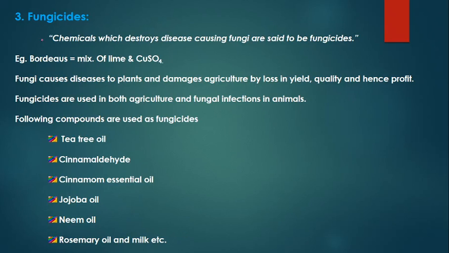Now the third type of pesticide is fungicides. What are fungicides? The chemicals used to kill or destroy diseases caused by fungus or fungi are called fungicides. An example of a fungicide is Bordeaux mixture. This Bordeaux mixture is a mixture of lime and copper sulfate.